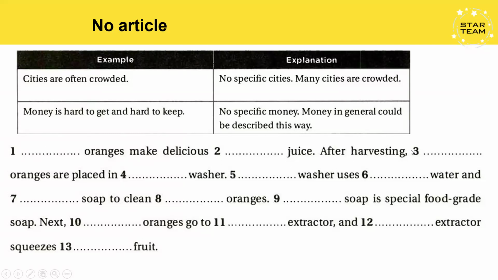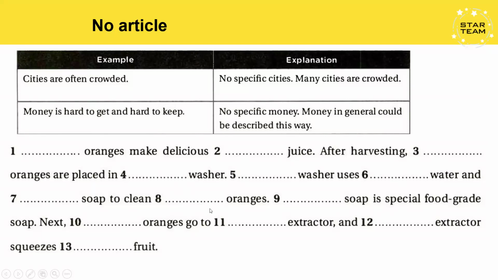After harvesting, we are mentioning the word oranges for the second time. So that's why we use "the." After harvesting, the oranges are placed in a washer. Washer is mentioned for the first time. The washer uses water and soap to clean the oranges.